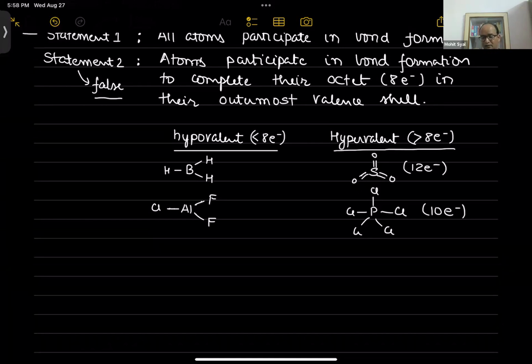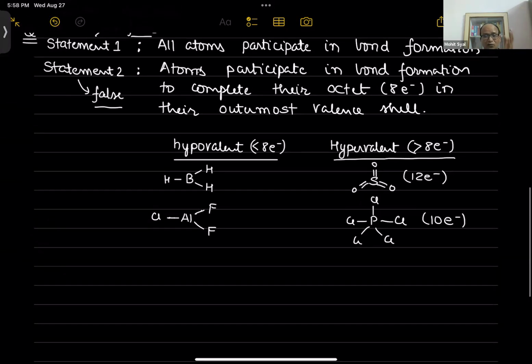So now the question arises: what is the actual reason for chemical bond formation? Why do atoms participate in chemical bond formation? What reason should we say?